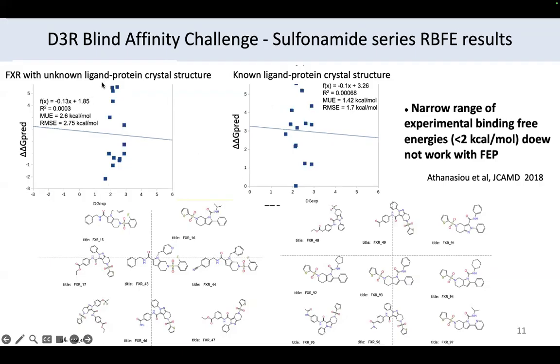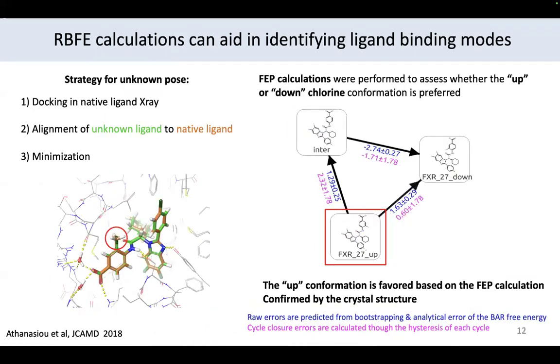So even if you don't know the crystal structure, or you know the protein-ligand complex, it won't make a difference. The method cannot be predictive because the experimental binding free energies are within 2 kilocalories per mole. Therefore, one has to take care to have diverse ligands of diverse binding affinities.